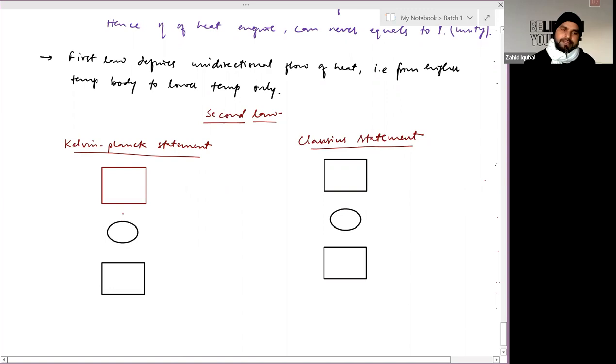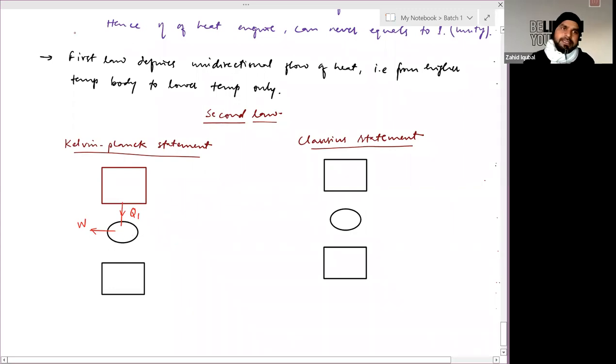So in first part, it says, suppose this working tool absorbs Q1 amount of energy and completely converts it into work done without any loss into surrounding. This could be possible only if efficiency of heat engine is 100% or unity. So this will not be possible.